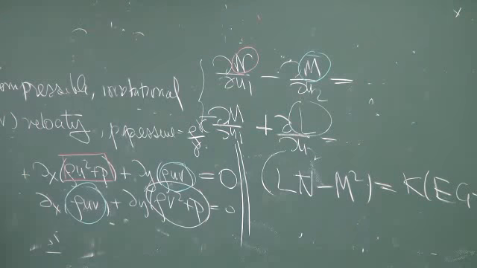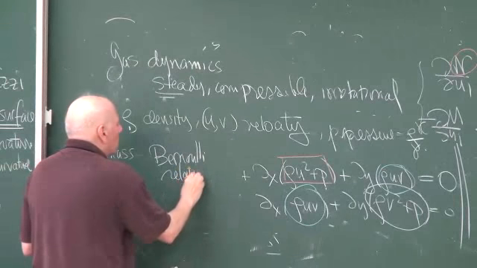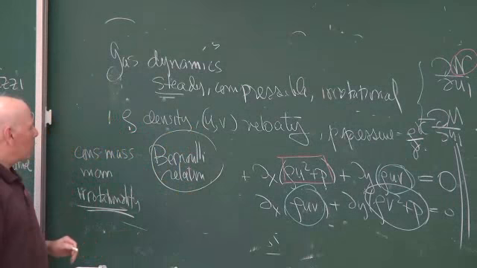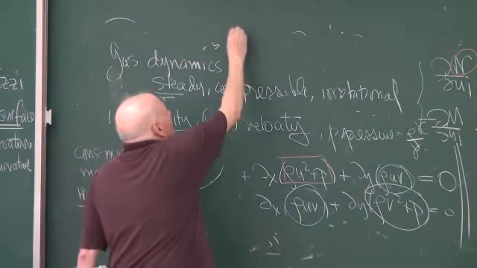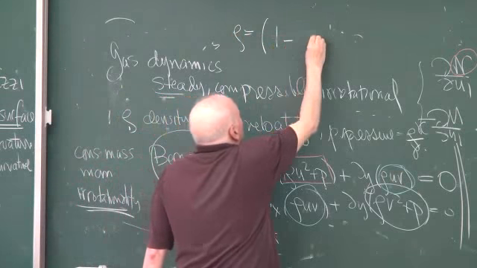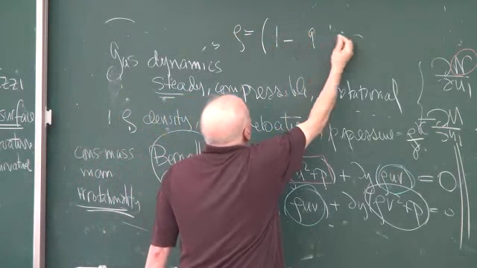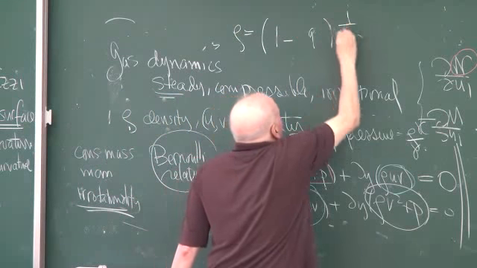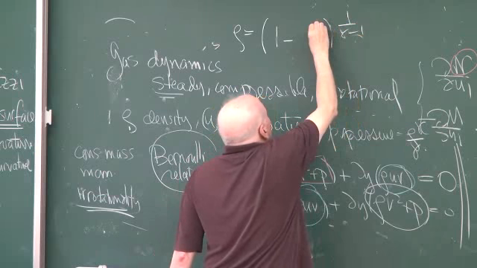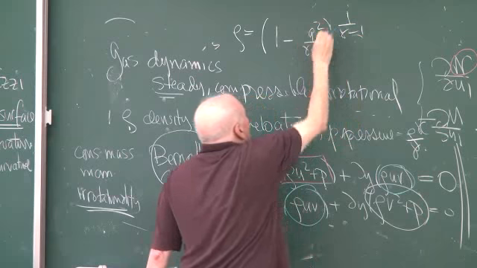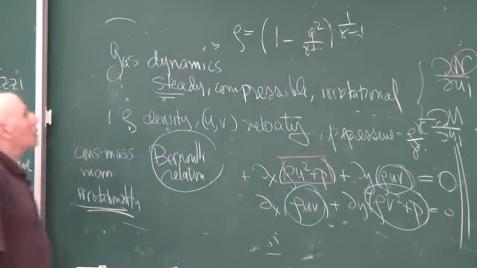That's the Bernoulli relation, which if I had more time, I would derive. But the Bernoulli relationship in gas dynamics is rho equals 1 minus, I think, I have to remember exactly, q to the 1 over gamma minus 1, and I think something with a q squared.